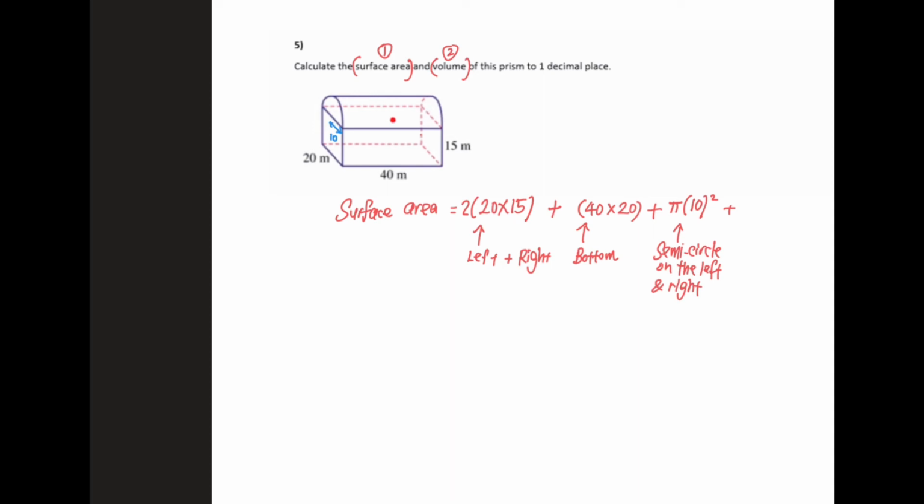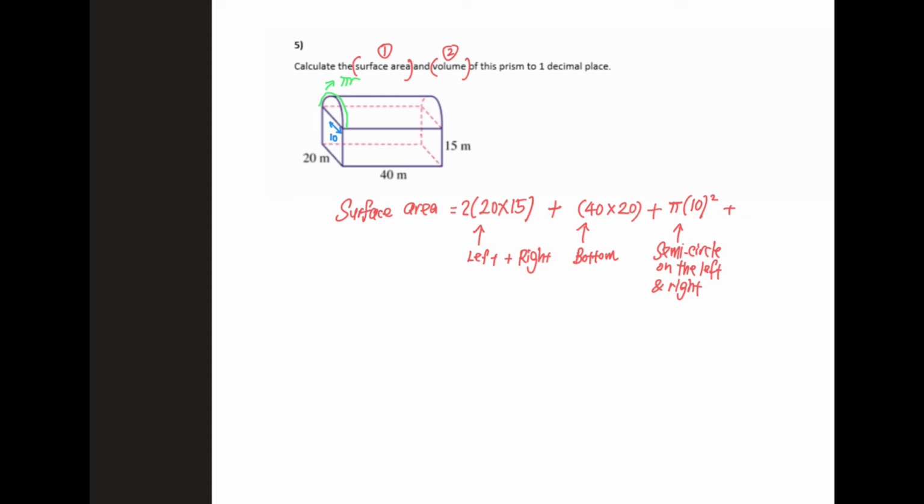For the curved surface, first we need to find out the length from here to here. This is the circumference, but it's just half of it. Circumference is 2 pi r, so half of the circumference is pi r. So that particular curve is pi r.